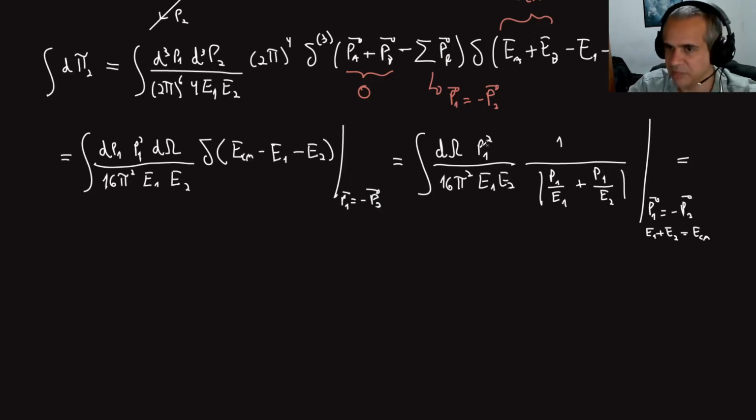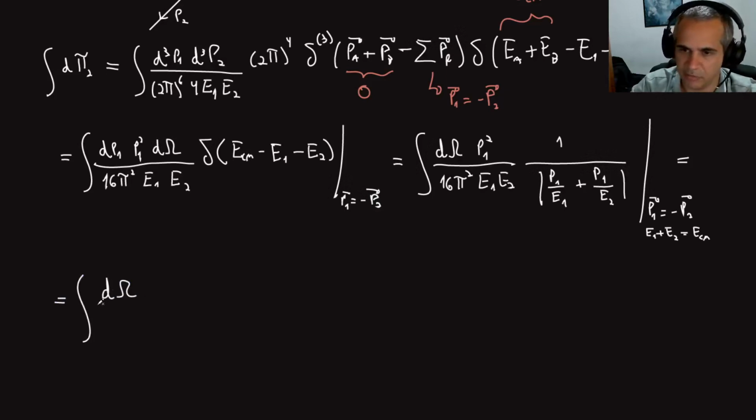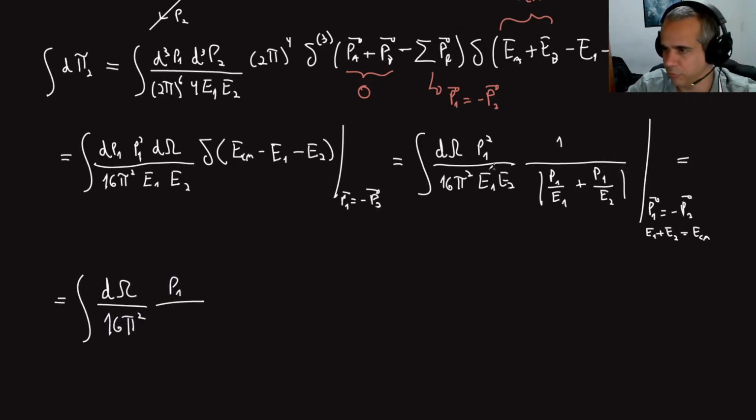It's a big expression given by what came out of these Dirac delta. So I'm left with the integral over solid angle of this 16 pi squared P1 over, once I multiply things here and take P1 out, I end up with E1 plus E2, which is the center of mass energy. And this is a good expression for us. Let me put the cross section here.